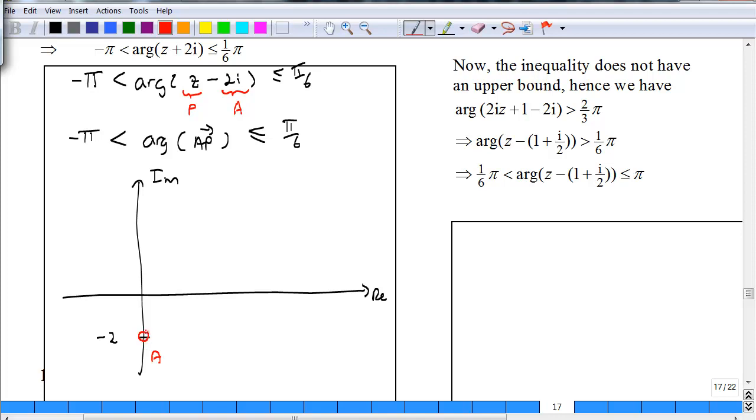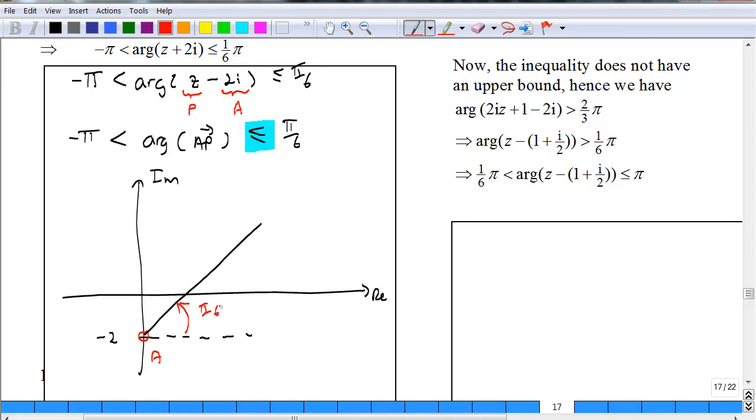So that is your point A. Right, so put a circle, the horizontal, and you draw a full line because it's less than or equals to, and you know that this angle is pi over 6. But now your vector AP must make an angle which is from pi over 6 from the positive horizontal all the way to negative pi.